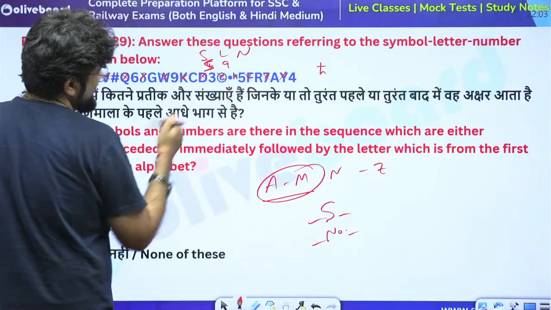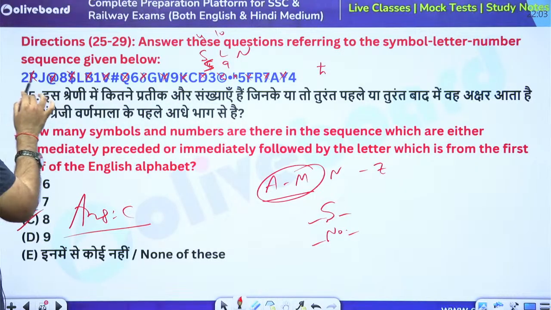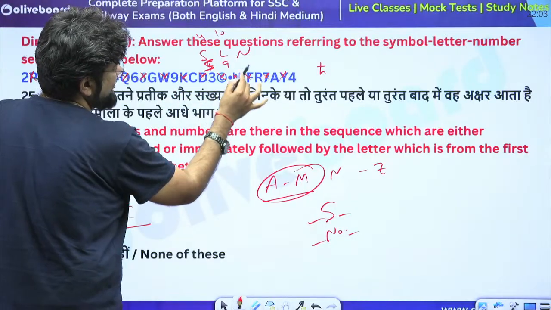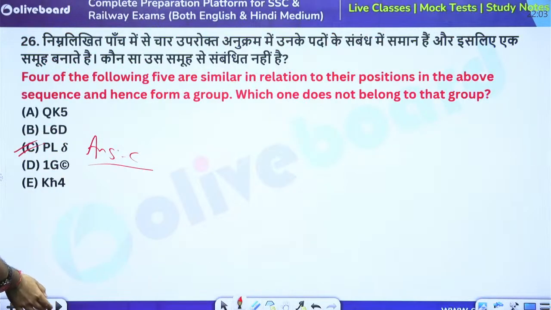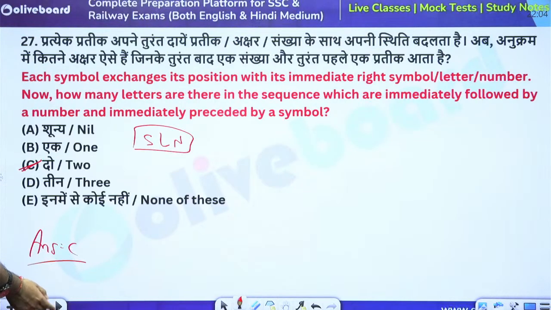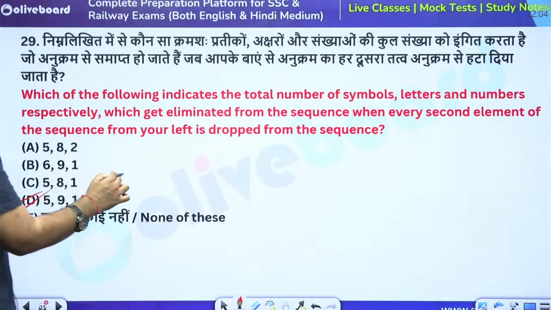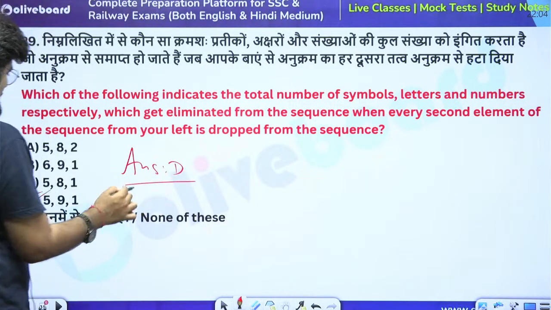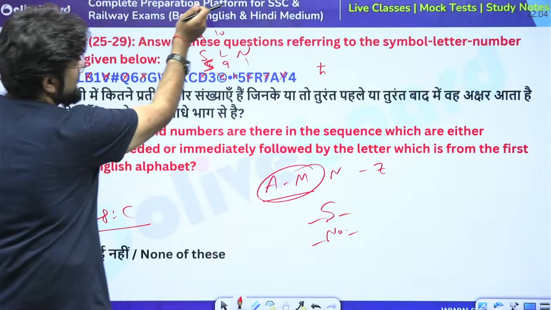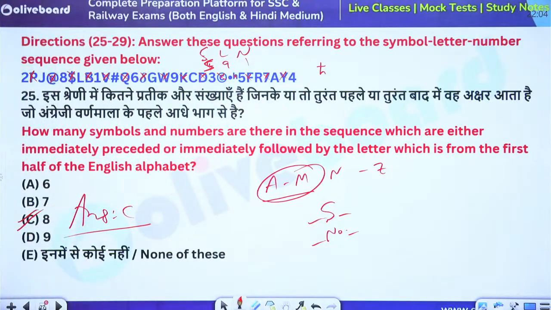Nine, or maybe plus 1, not sure. So maybe this is 4 and 10 also. And numbers, we have 1. So either it is 4, 10, 1 or 5, 9, 1. 5, 9, 1 is the answer, yes. Option D is the correct answer. So that H is counted as a symbol only, okay. Cool. 591.